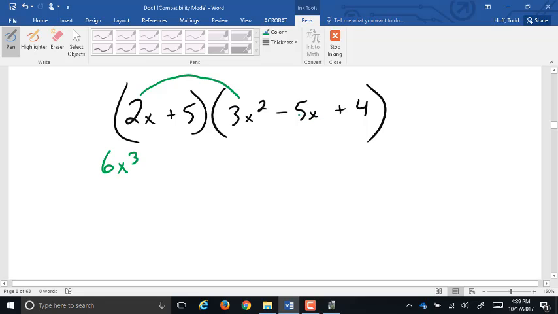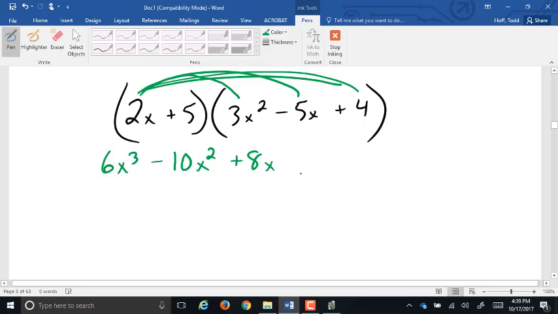Now this middle term isn't really accounted for in our FOIL acronym, but we can adjust for it. We go 2x times negative 5x, negative 10x, or negative 10x squared, I should say. 2x times 4, positive 8x.